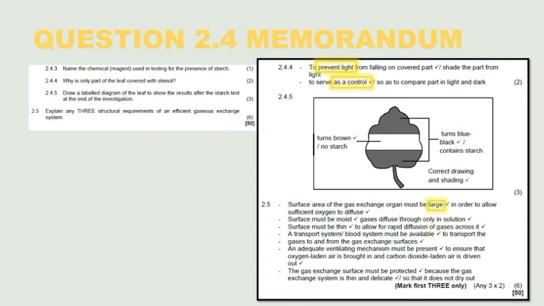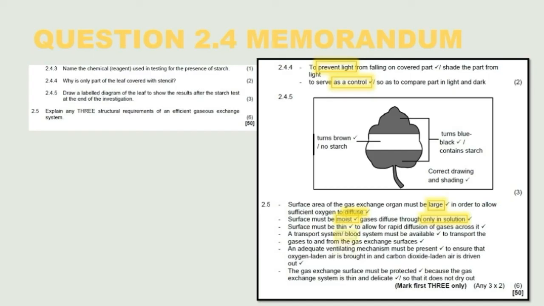They say the surface area of the gas exchange organ must be large. So the reason for this is to allow for maximum diffusion of gases like oxygen and carbon dioxide into and out of the bloodstream. Then the surface area must be moist because my gases must be in a solution form, so they dissolve and diffuse into the moisture.